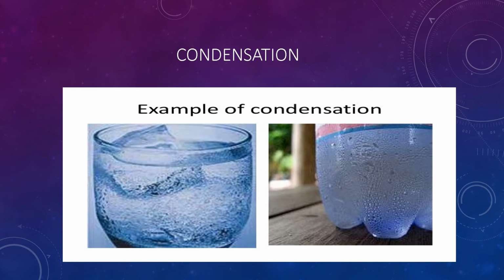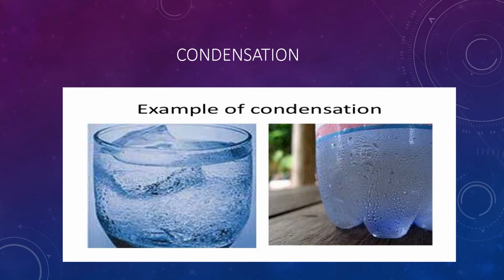Next is condensation. When a gas is cooled, its molecules lose energy, due to which they slow down, and the intermolecular force between the molecules increases, due to which the intermolecular spaces between the molecules decrease.